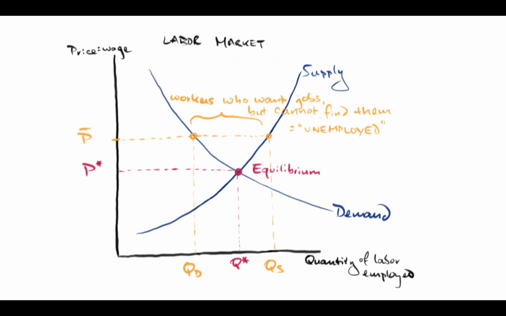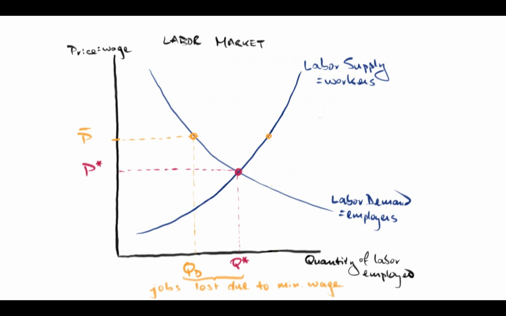And that unemployment comes from two sources. I'll sort of identify those separately. A portion of that comes from jobs that are lost due to the minimum wage. So these are the workers between QD and Q star. In equilibrium, the Q star workers would have been employed. When the minimum wage is set above the market equilibrium, employers will hire only QD workers.